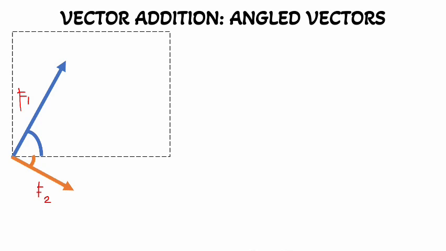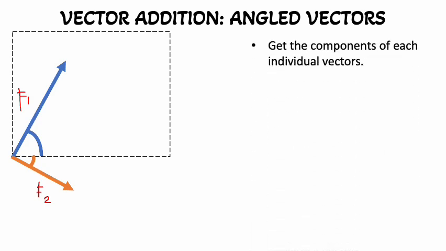As I have mentioned a while ago, two vectors interacting with one another yields or results in another vector. Okay, so there is a resultant vector that will be produced because of these two vectors. So again, to get that resultant vector or to add these vectors, we need to analyze them individually.